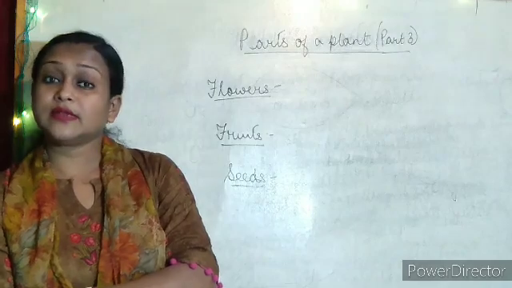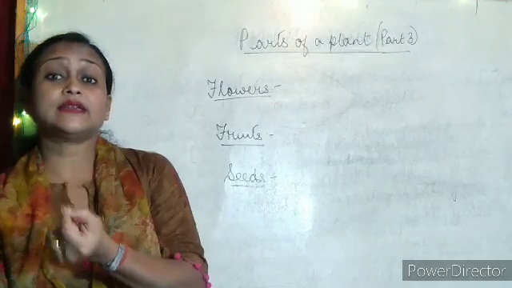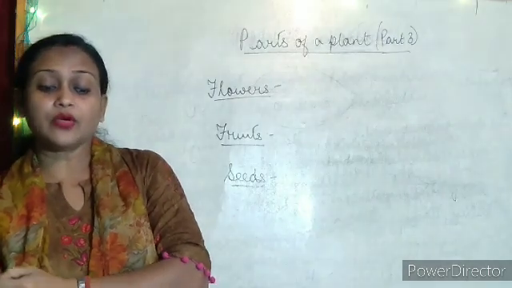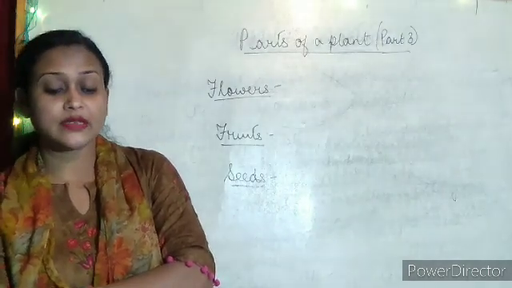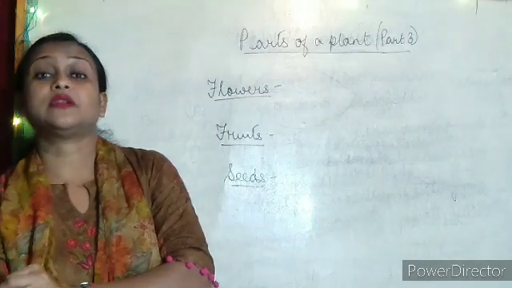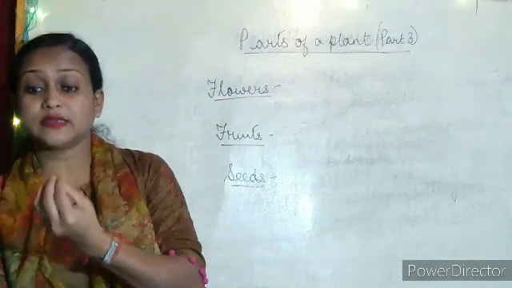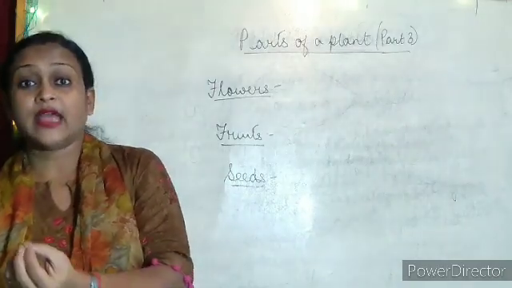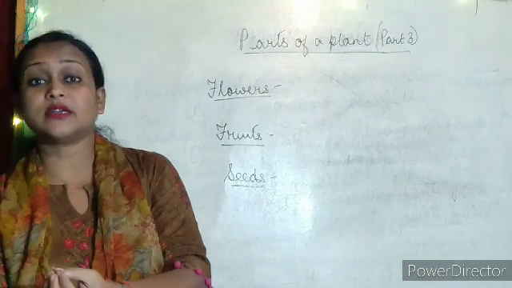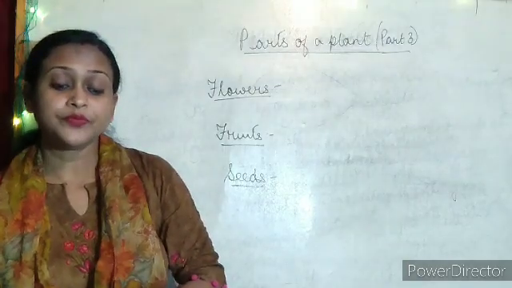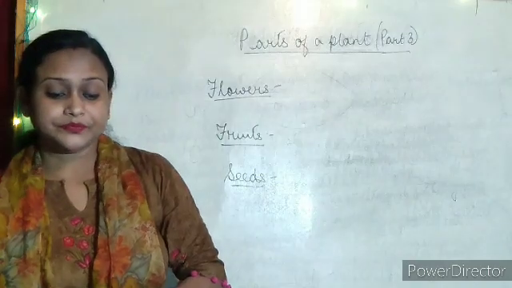So this is what the seed contains, a baby plant inside it, and the baby plant can grow into a new plant when it reaches the soil and gets enough water and warmth. When the seed is sowed into the soil and it gets enough water and warmth, this seed will develop into a baby plant.